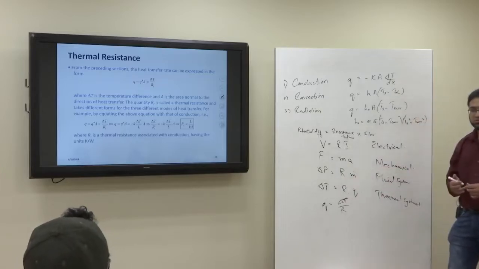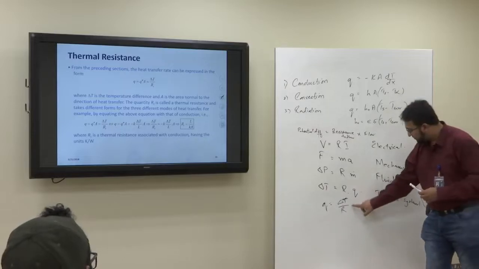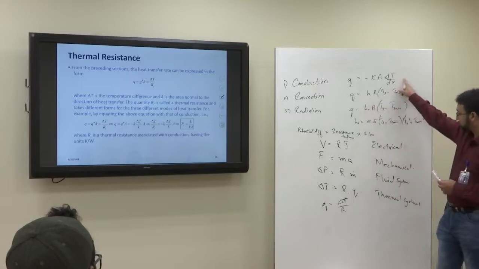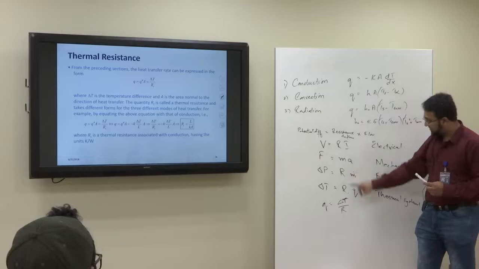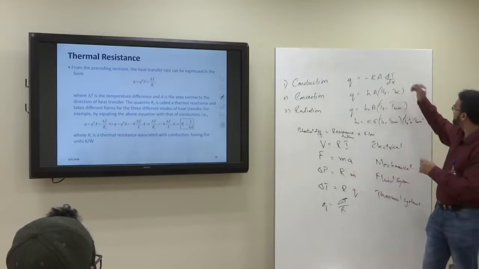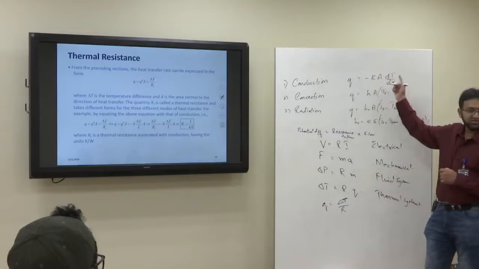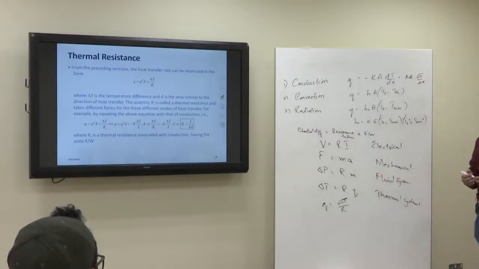Now we use this equation and apply it here. Your Q is here. Let me write it in the form of delta T. I told you if I write it in the form of delta T, then the negative sign goes. So it's K A delta T by delta X, right?